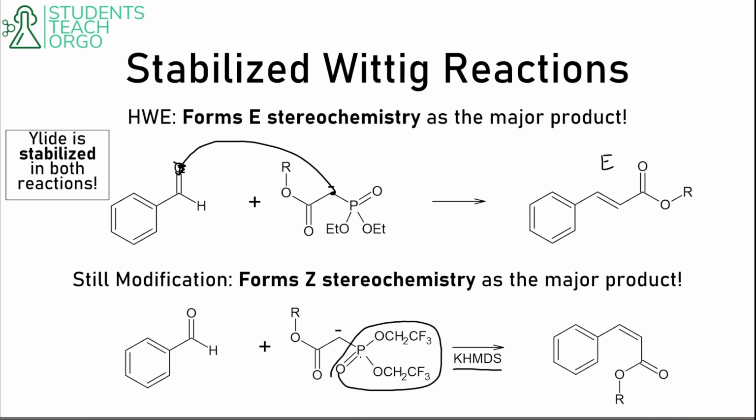And this basically just stabilizes this negative charge a lot. As a result, this is a very controlled way of forming the Z stereochemistry. So even though we can form the Z stereochemistry in the regular ylide, this is an even more controlled way to do so. Your professor might also test you on it, so it's very important to recognize it. All right, hopefully that makes sense. Let's go into the practice problems.